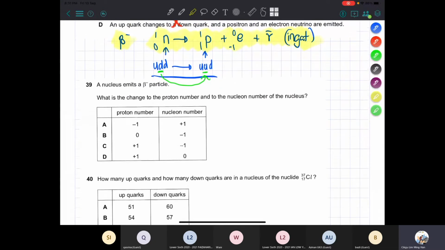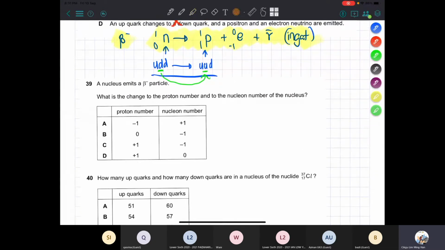All right, next one. A nucleus emits a beta minus particle. What is the change to the proton number and the nucleon number of the nucleus? So macam mana buat? Normally I will use an example.